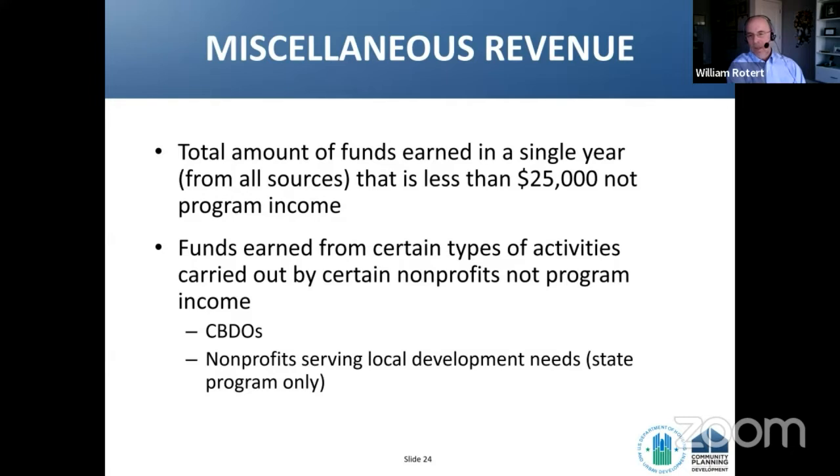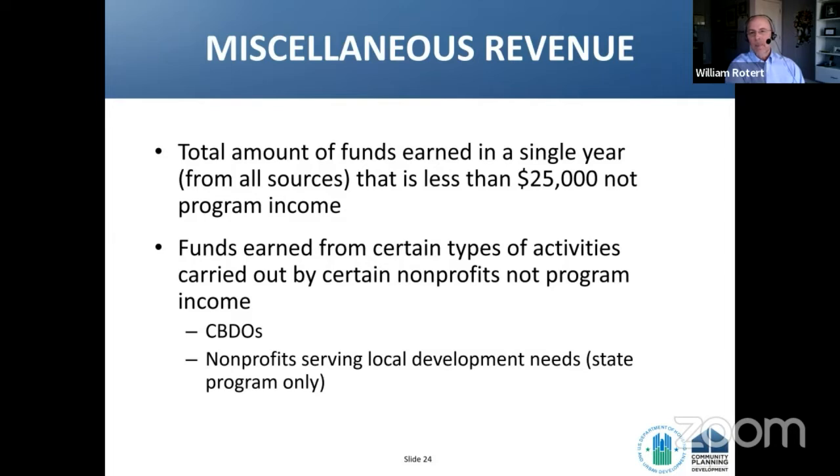That would apply to state programs only. So there are some exceptions, but as a general rule, if your total program income in any single year is less than $25,000, you can treat that as miscellaneous revenue and you can put it back into your CDBG program if you like, or you can use it for other purposes.